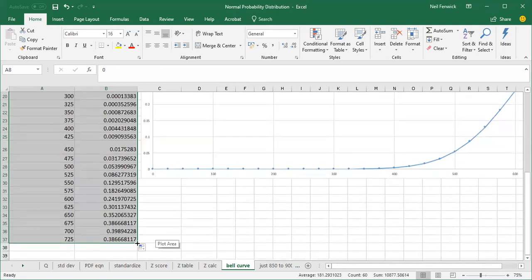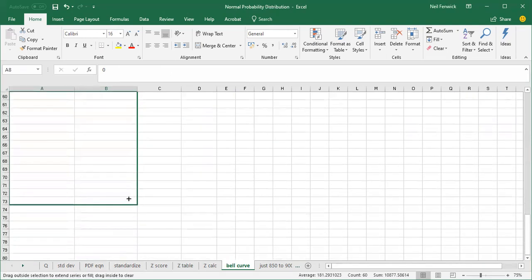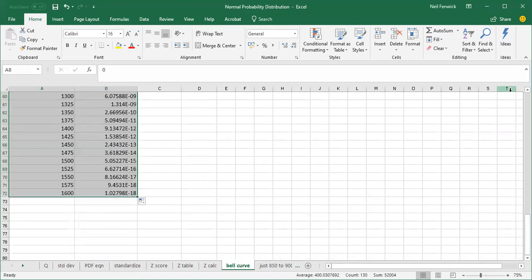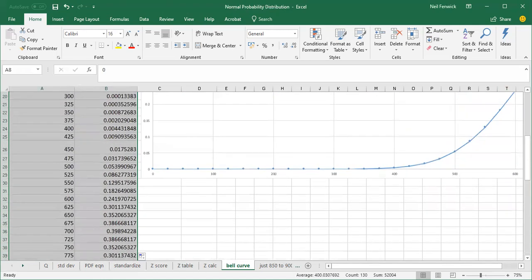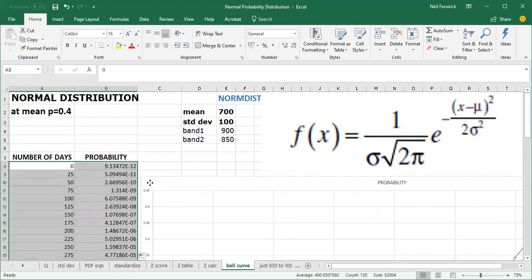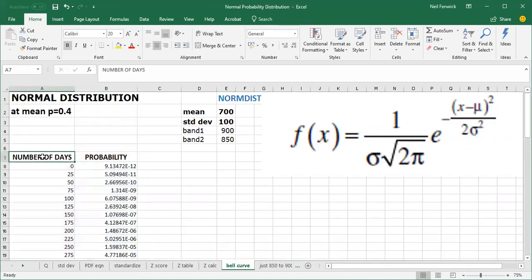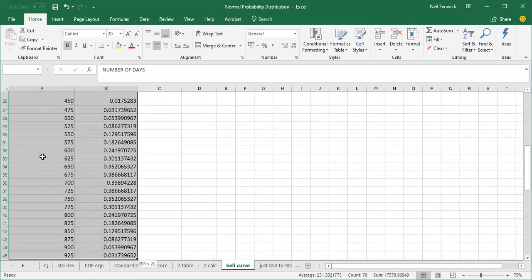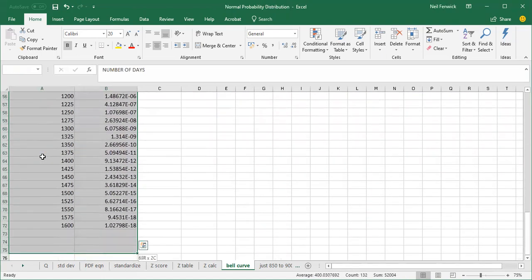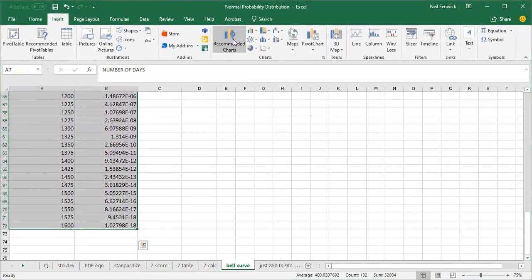And in this case, we'll have to drag the values down so that we get a wide enough spread to actually show the full bell curve. So we'll just delete this and reselect all those numbers all the way down to there and do insert recommended charts.